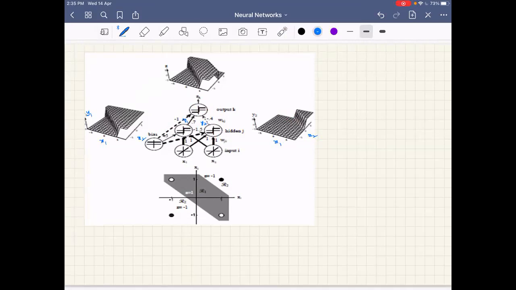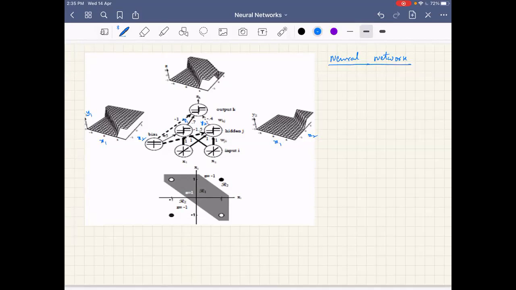Okay, so now let us come to a little bit of terminology of neural networks. We have seen that the power of a neural network is that it can make nonlinear decision boundaries, while a single neuron is not capable of doing it. Now the question is, if this is able to do it, what are all the things we need to figure out to make this happen?